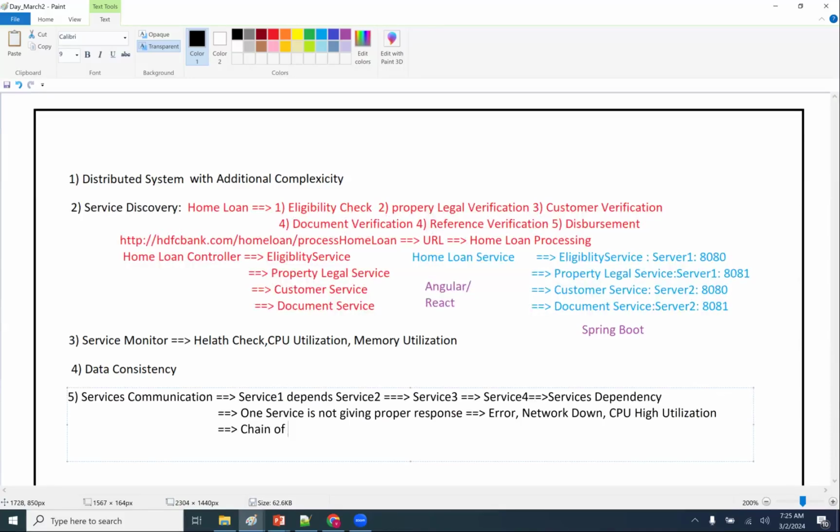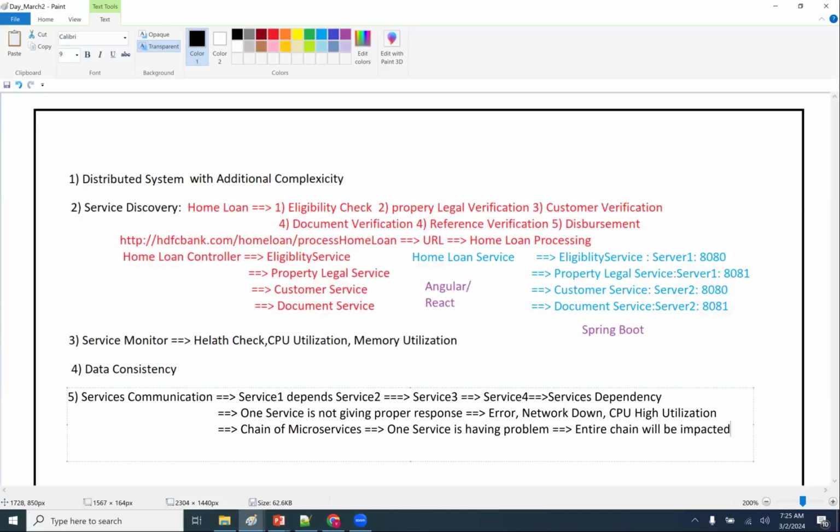Within the chain, if one service is having a problem, the entire chain will be impacted. This is the services to services communication problem. This is another biggest concern with services communication.